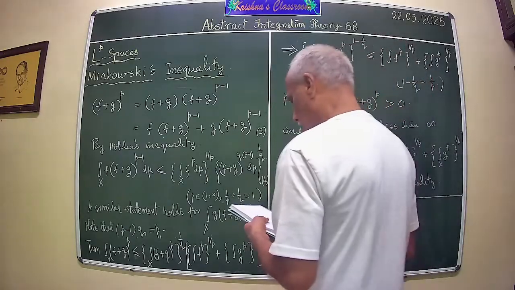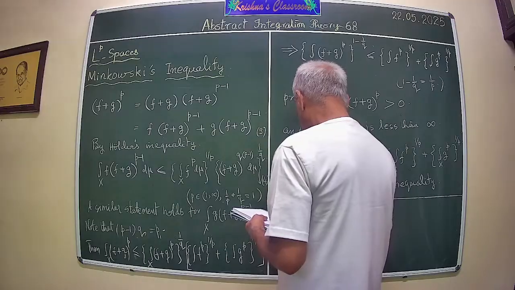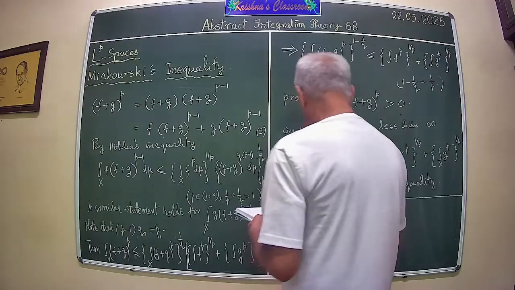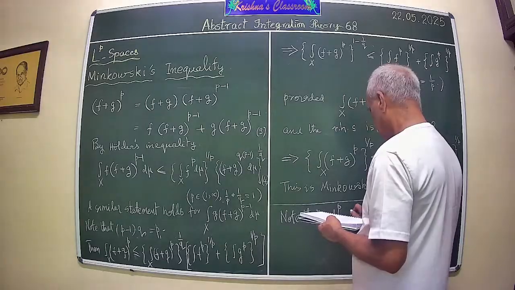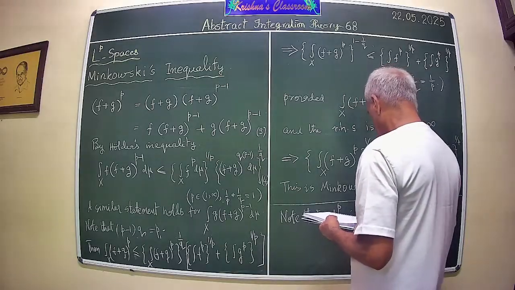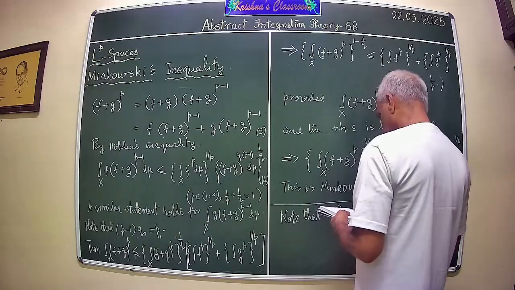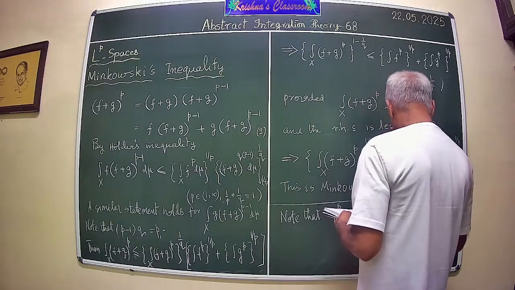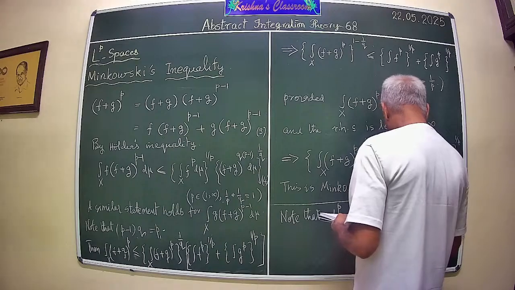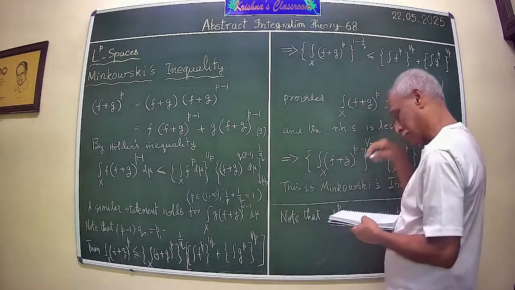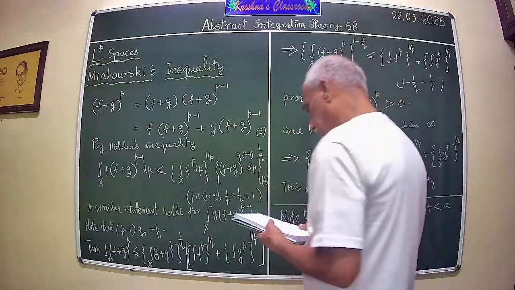Now, note that t to the power p is a convex function for the assumed p.